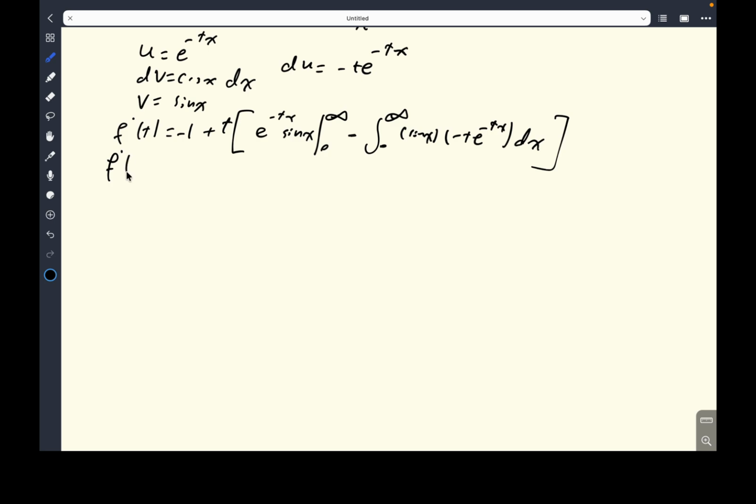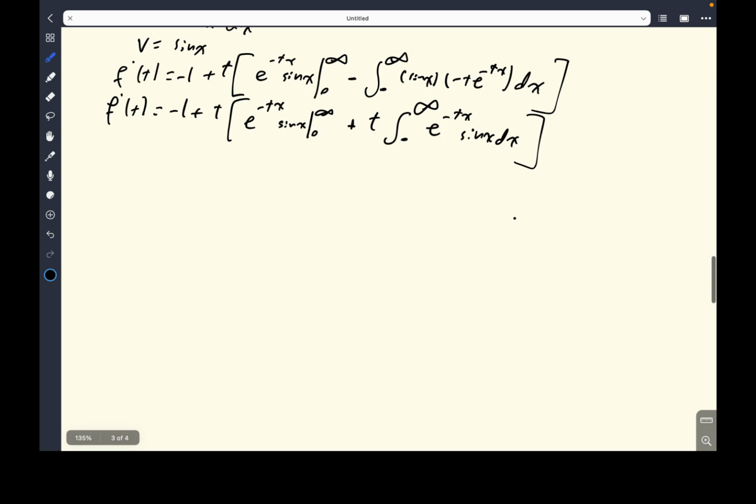So f prime of t here is negative 1 plus t times e to the negative tx sine x, the integral from 0 to infinity, minus, plus, so t here again goes out, of the integral from 0 to infinity of e to the negative tx sine x dx.